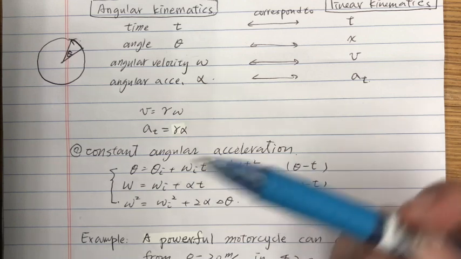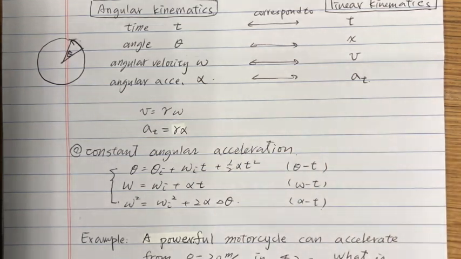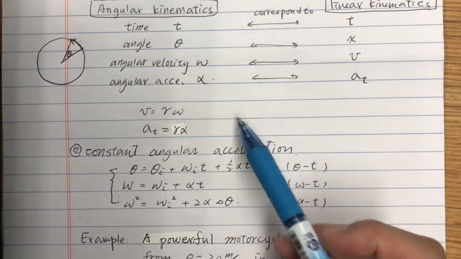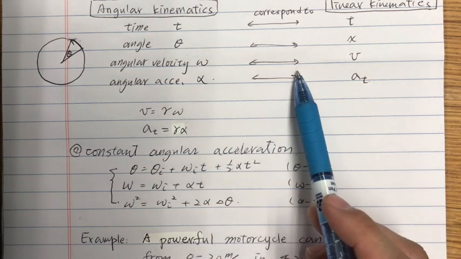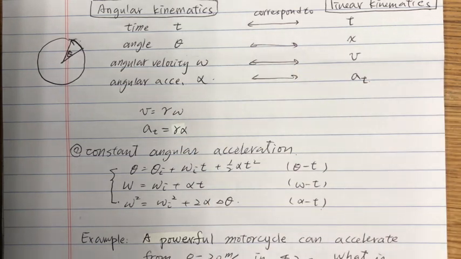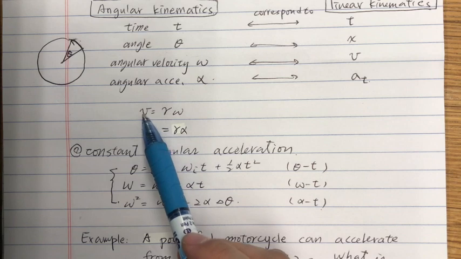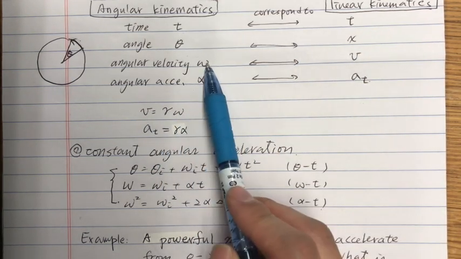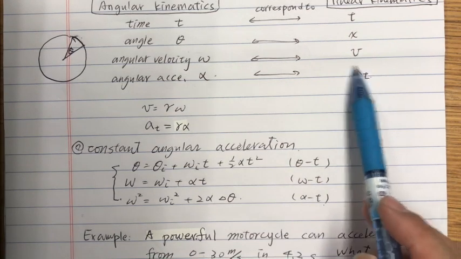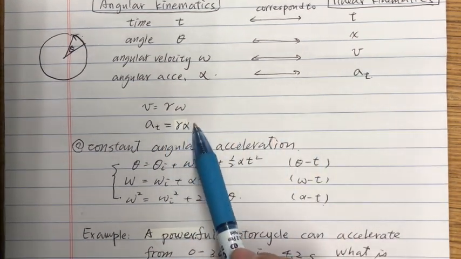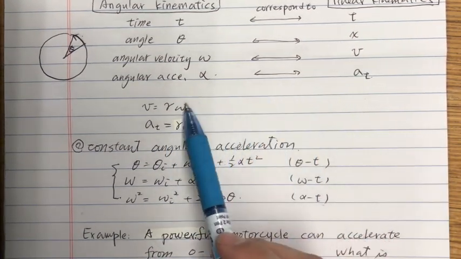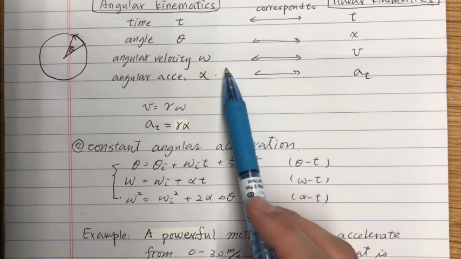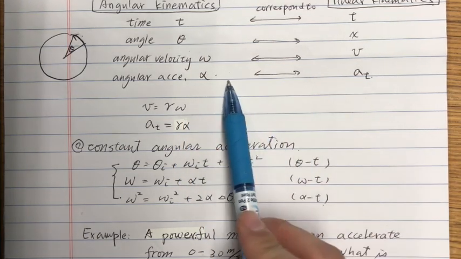If you check the units and the dimensions, you will see that v is simply r times omega, and the acceleration is r times alpha.